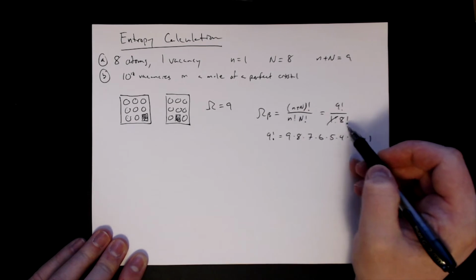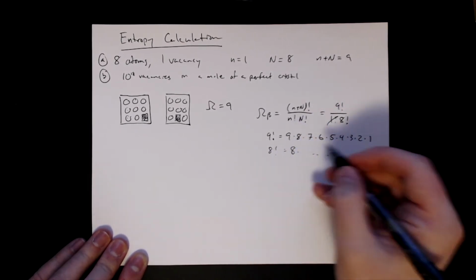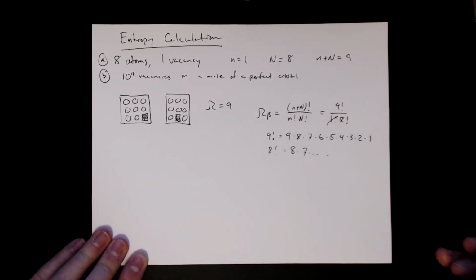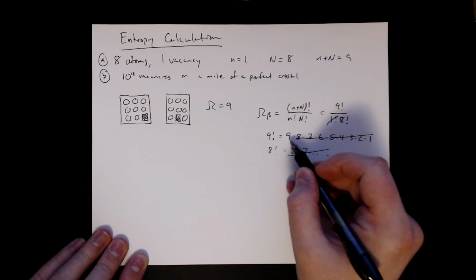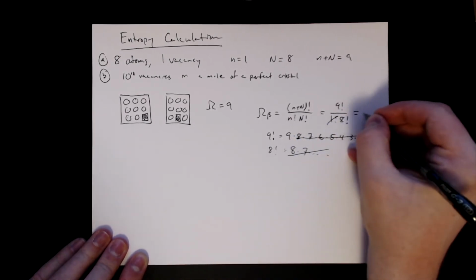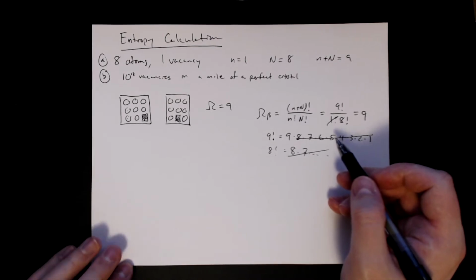Here, 8 factorial would be 8 times 7 times 6, etc. So basically, this is going to cancel out with this portion, and it's just going to leave us with 9. So this is equal to 9 based on our definition.